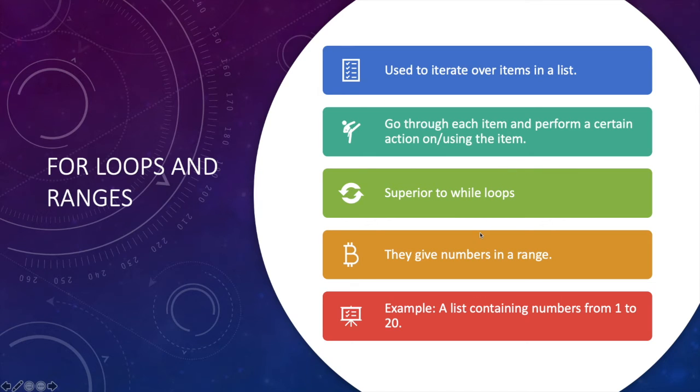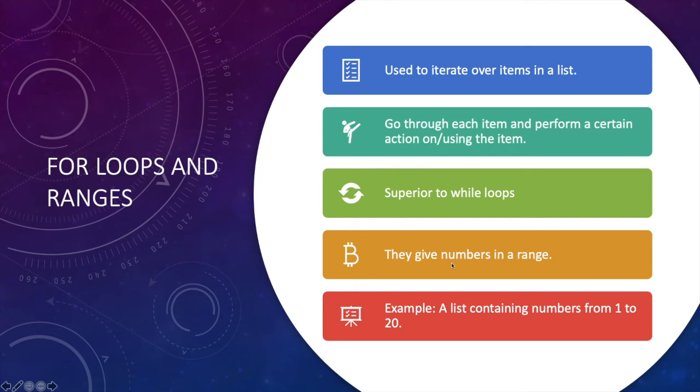They're better than while loops because in the last video I showed you the infinite while loops that we ran, and if you have that kind of thing running in a very big code, then you're going to have a lot of problems. So they're superior to while loops because you can do more stuff with them.